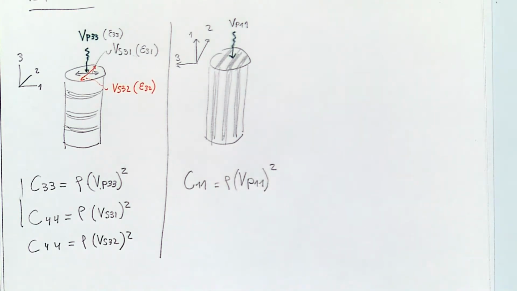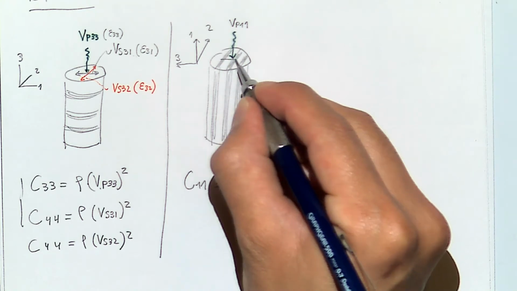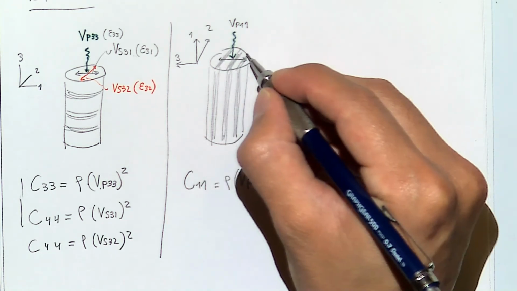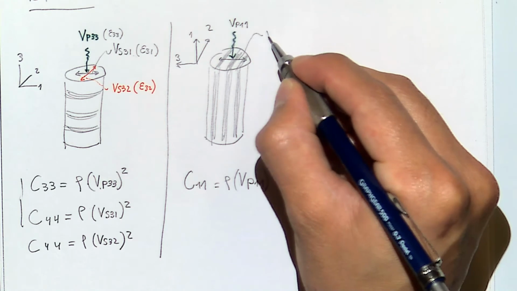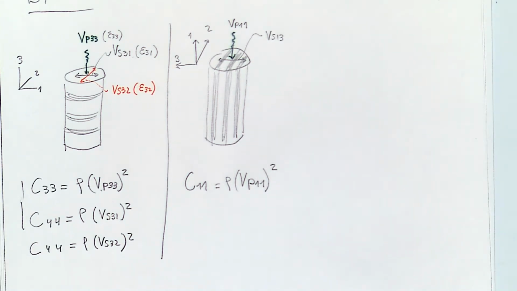And what parameter do I get with a shear wave in direction 1, 3? I should get C44, but I already had C44, so let me just skip that one.